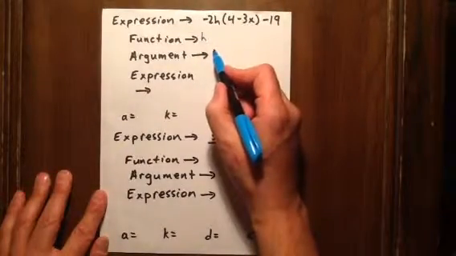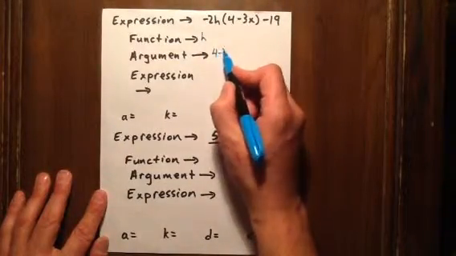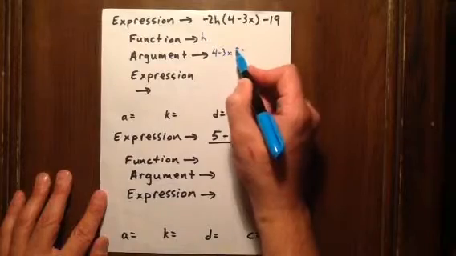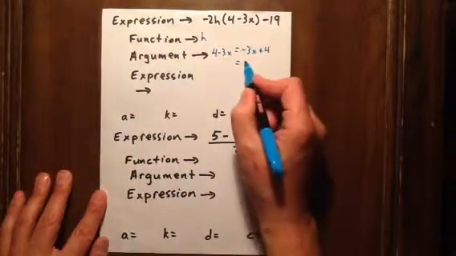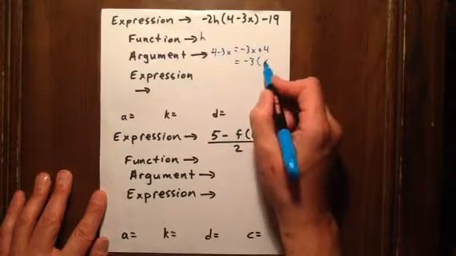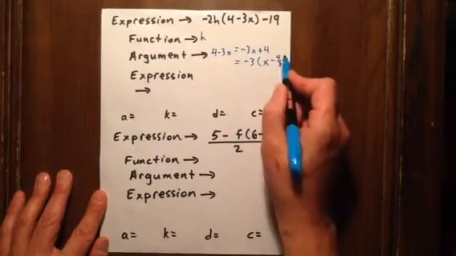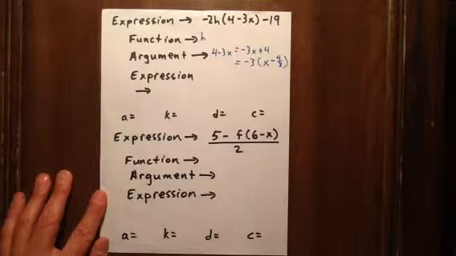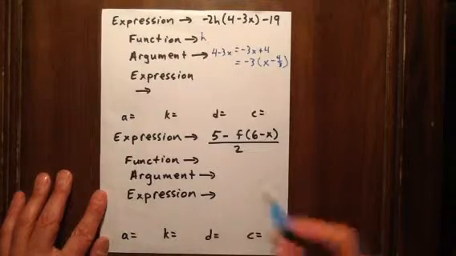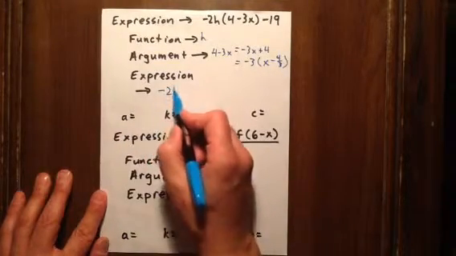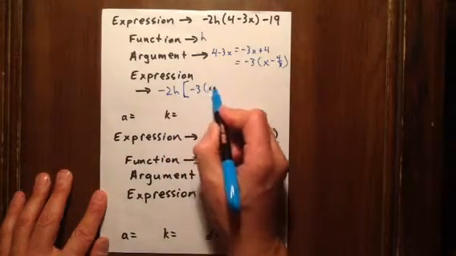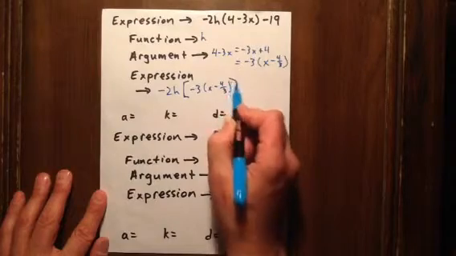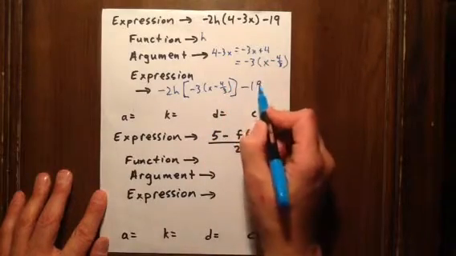Our argument is 4 minus 3x, which is the same as negative 3x plus 4, which itself is the same as negative 3, and then in brackets x minus 4/3. Okay, so we have our argument. So our expression is negative 2h, open brackets, negative 3, open bracket, x minus 4/3, minus 19.